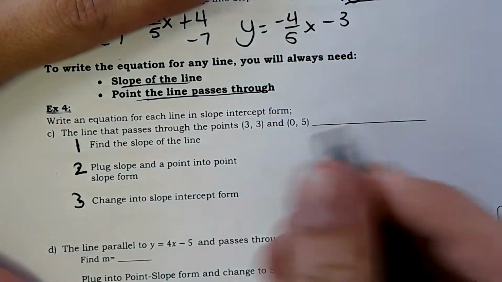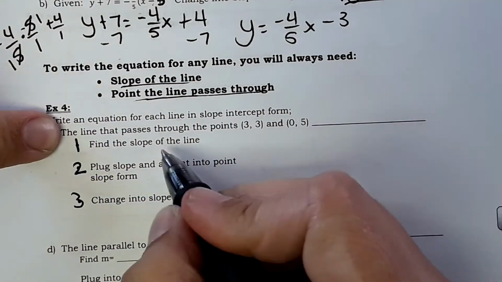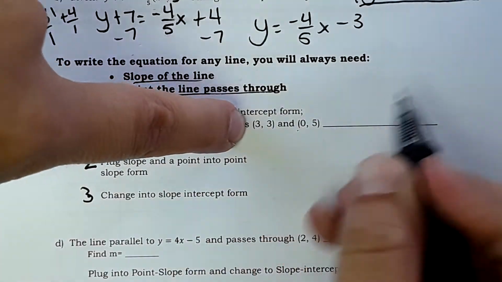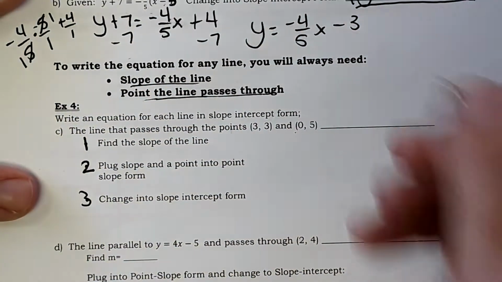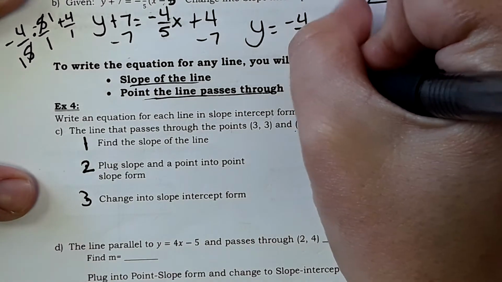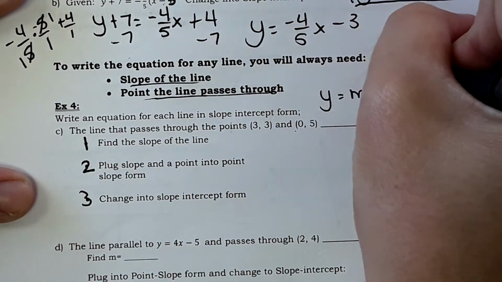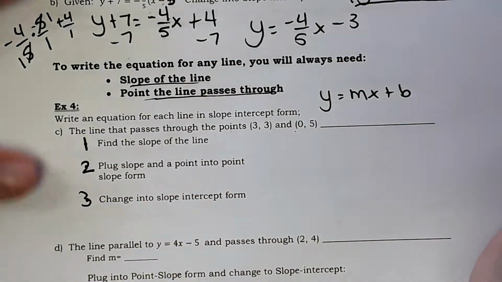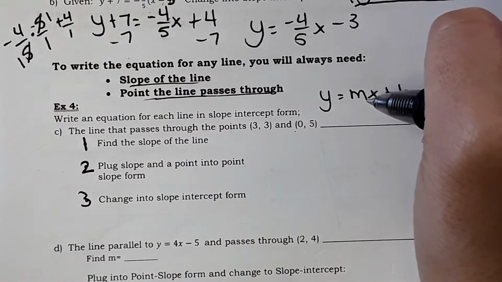So the first one, it says a line that passes through the points 3, 3, and 0, 5. And we need to get something in slope-intercept form, which would be y equals mx plus b. So to get it into this form, I need to find the slope.